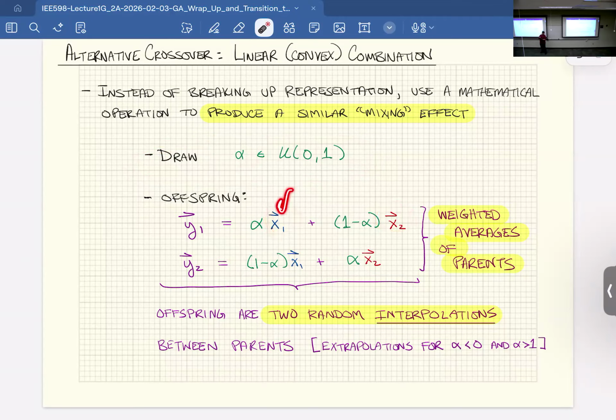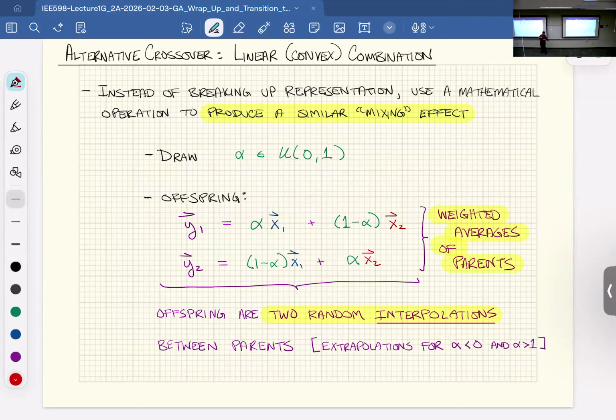And so remember, just as a reminder, this genotype here, x1 vector, is equal to x11, x12, all the way down to x1n, where n is our number of genes.